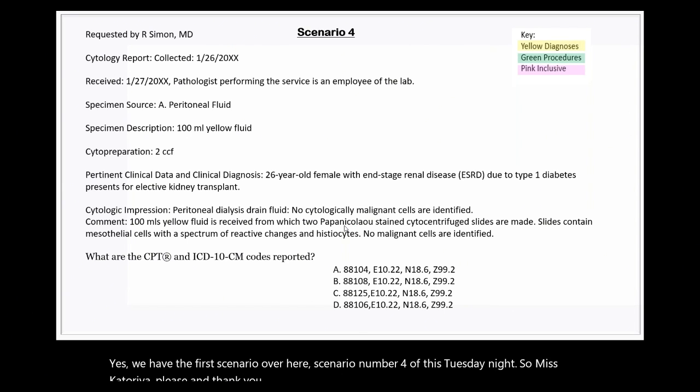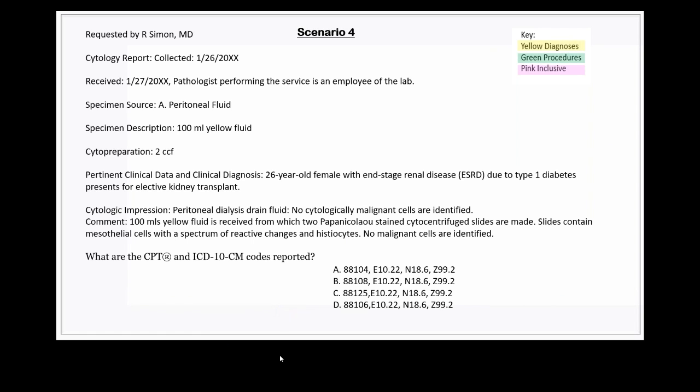What are the CPT and ICD-10-CM codes reported? A, 88104, E10.22, N18.6, Z99.2. B, 88108, E10.22, N18.6, Z99.2.